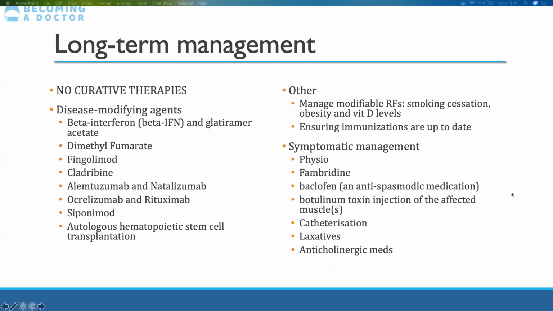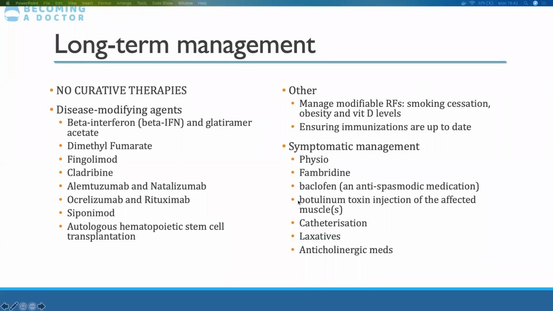Let's say they have immense fatigue, you want to refer them for physio and exercise therapy. If they have balance issues, again, you want to refer them to physio. However, if physio is not really helping that much, you might also consider giving fampridine, which is given to increase walking speed.